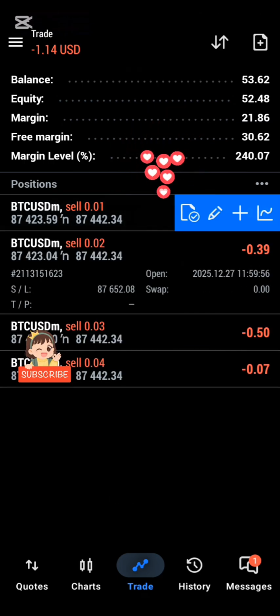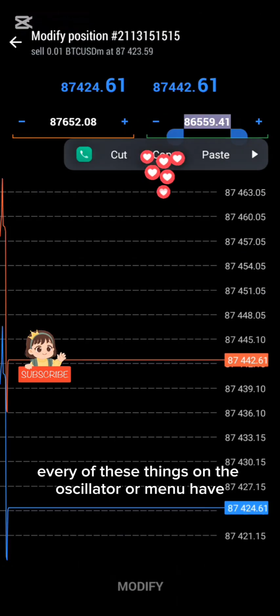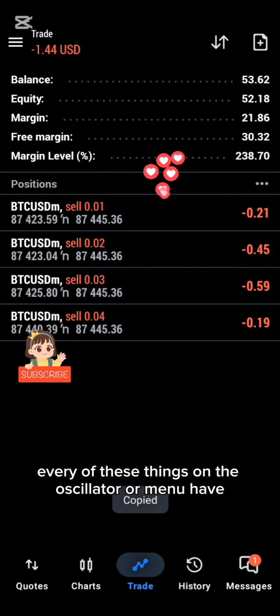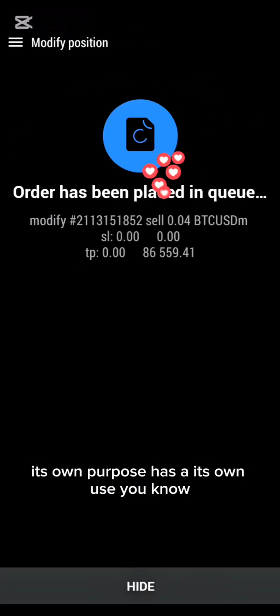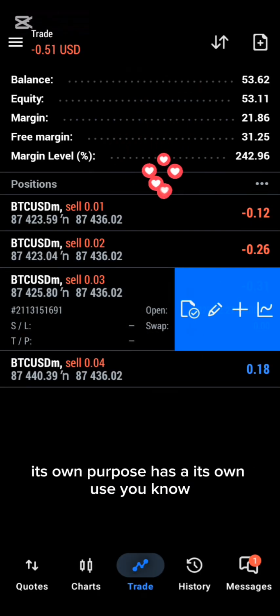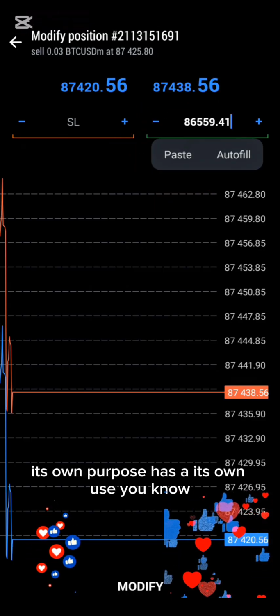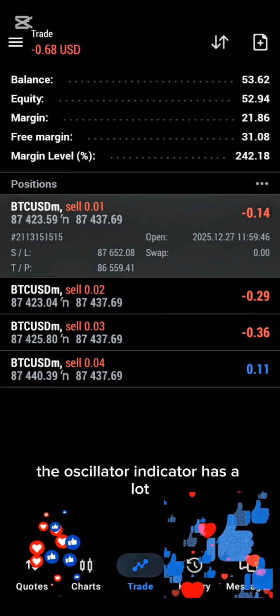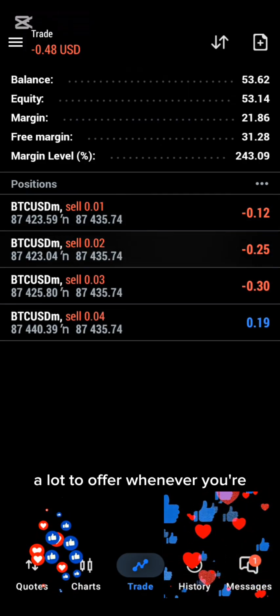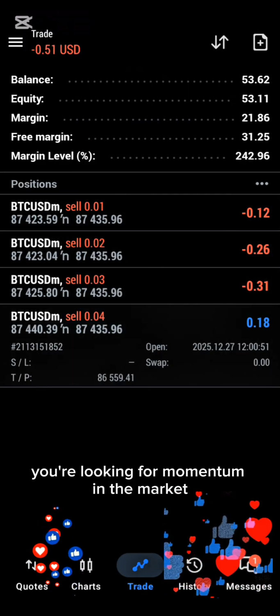So every one of these things on the oscillator menu has its own purpose, has its own use. The oscillator indicator has a lot to offer whenever you're looking for momentum in the market.